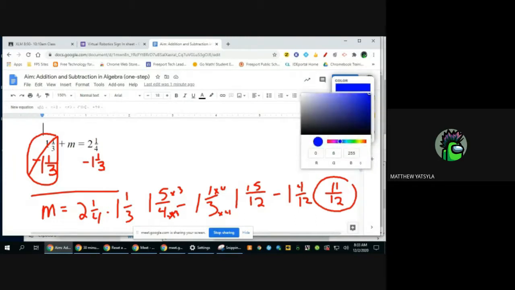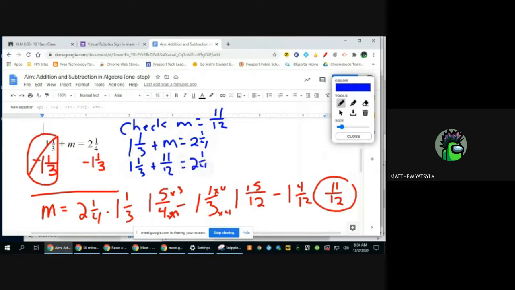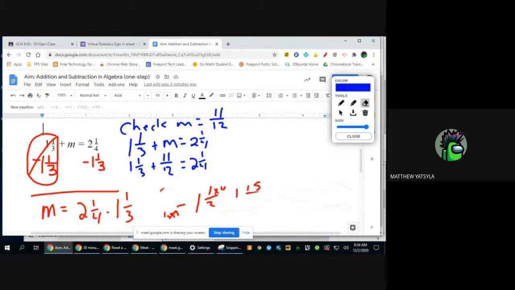We're going to do our check. So check. M equals 11/12. So 1 1/3 plus m equals 2 1/4. 1 1/3 plus 11/12 equals 2 1/4. So we're going to convert this now to 12ths. Let me get a little bit more room to work sideways.